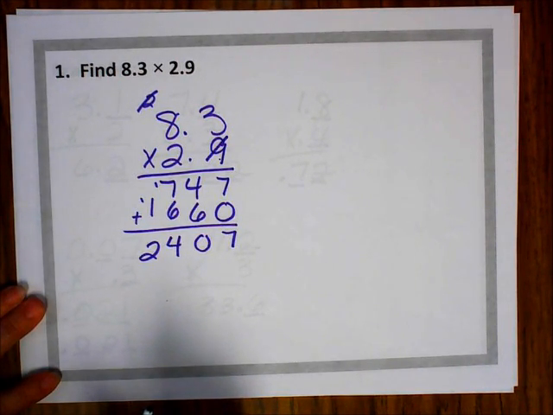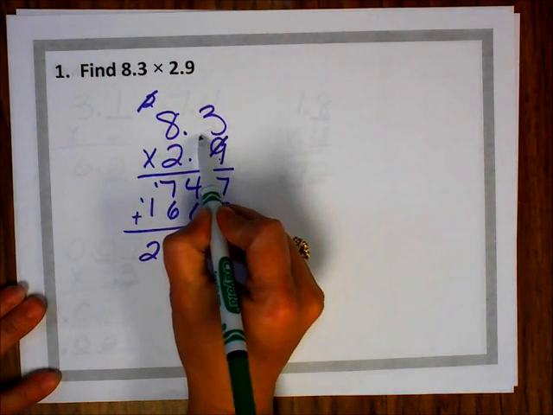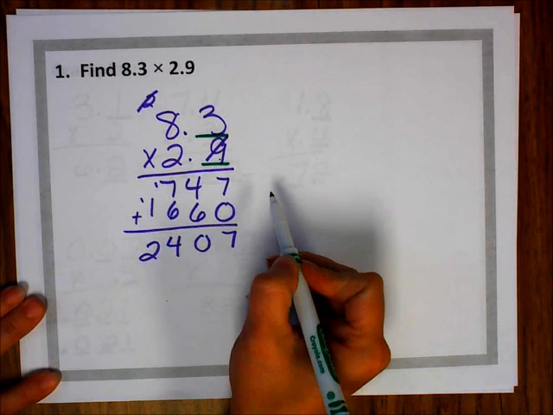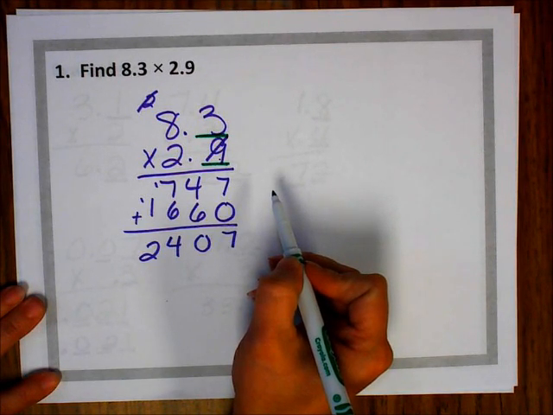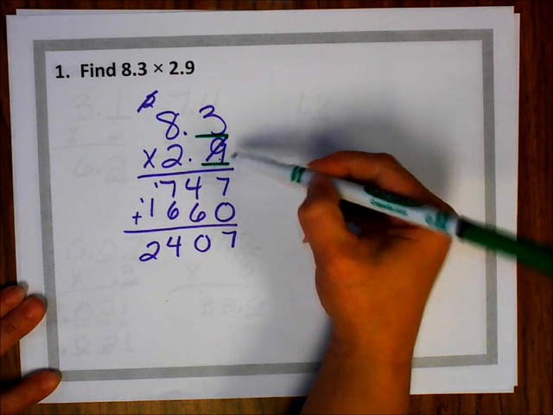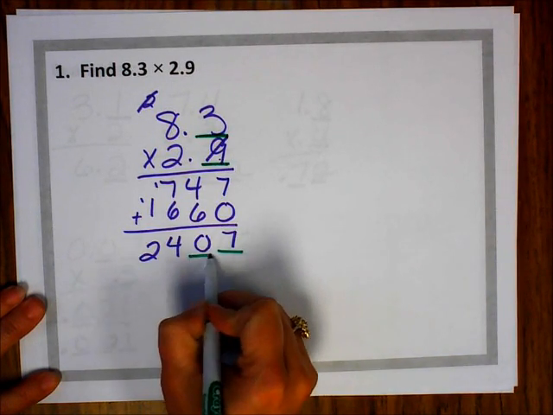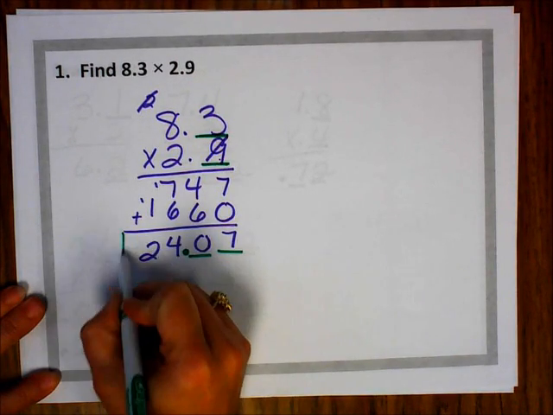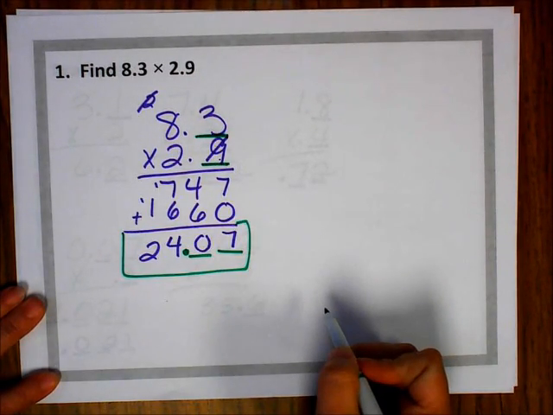I need to find the correct place for the decimal. Notice I have one number behind the decimal here, one number behind the decimal there, for a total of 2 numbers behind the decimal. So if I have 2 numbers behind the decimal in the problem, I have to have 2 numbers behind the decimal in the answer. So my correct answer is actually 24.04.